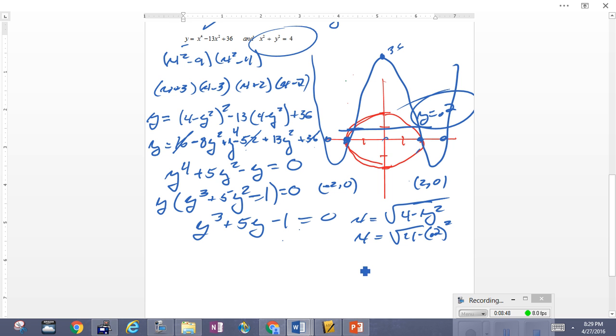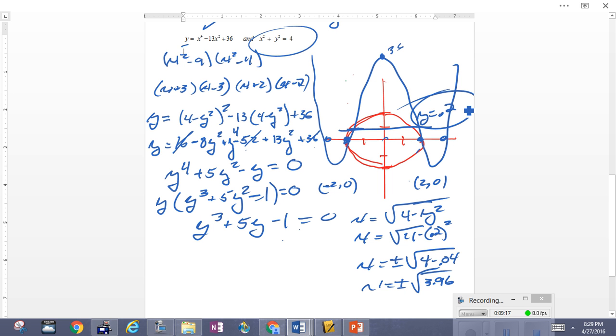So x is equal to plus or minus the square root of 4 minus 0.04. So we've got x is equal to plus or minus the square root of 3.96, which is just short of 2, obviously, right? Okay, so we have another point of intersection.